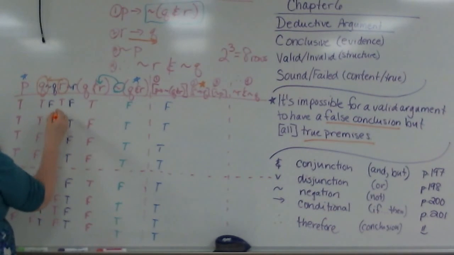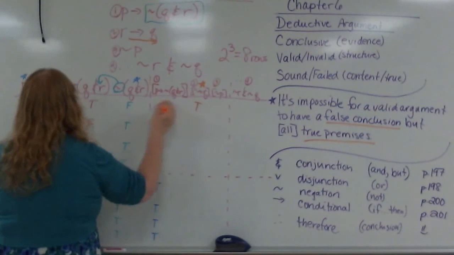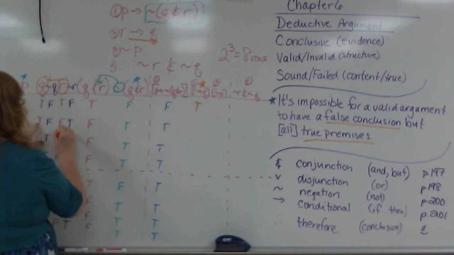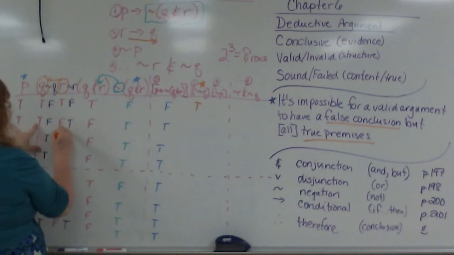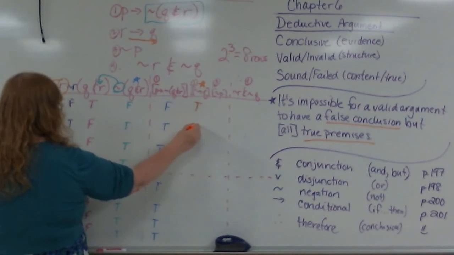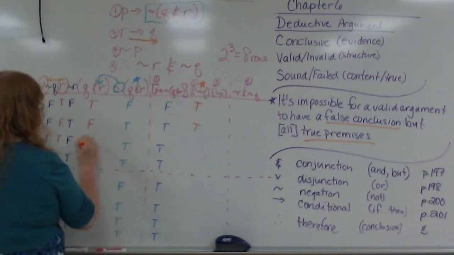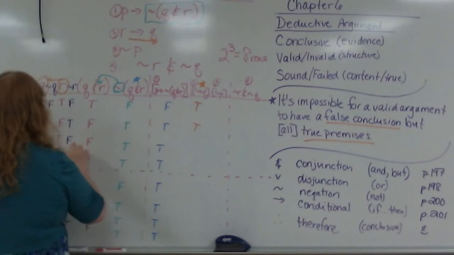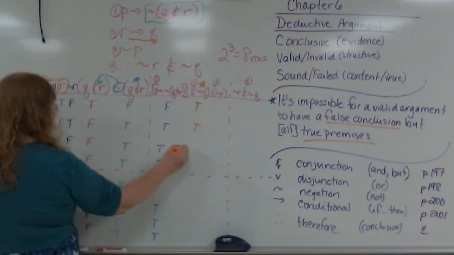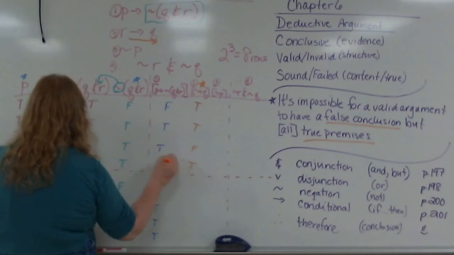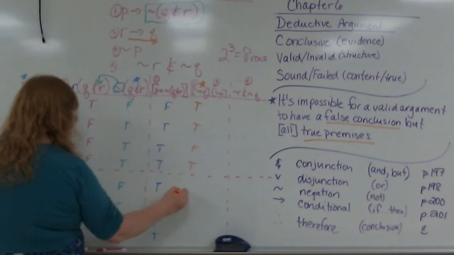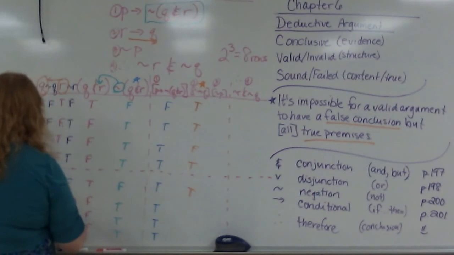Okay, so I have to look from T to T. Okay, that one's true. I'm looking at my two positives here. So false to true is also true. False to false, oh, sorry, I'm not doing that right. True to false is false. False to false is true. True to true is true.